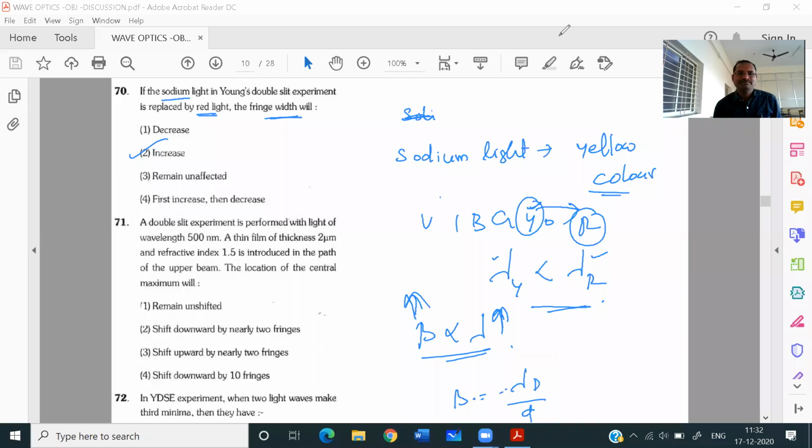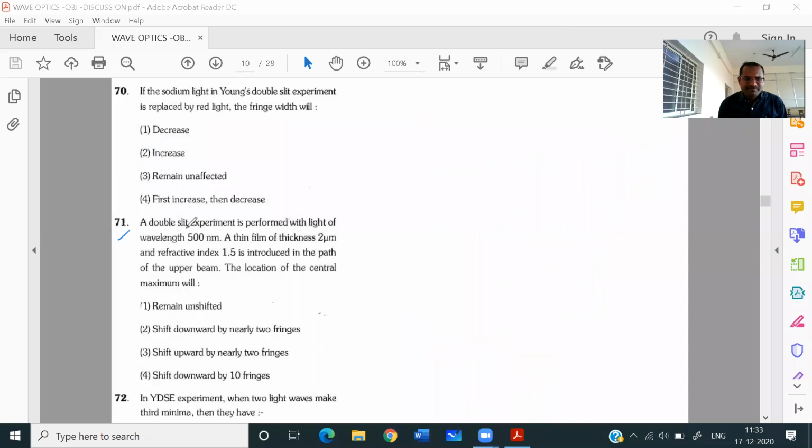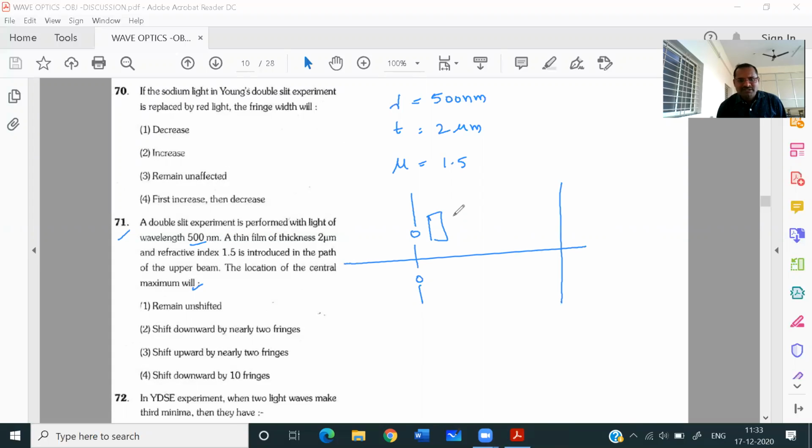Next, question number 71. A double slit experiment is performed with light of wavelength 500 nanometers. A thin film of thickness 2 micrometer and refractive index 1.5 is introduced in the path of the upper beam. The location of central maxima will be: see, if the slits are here and the glass slab is introduced in the upper slit, then central maxima will shift upward.